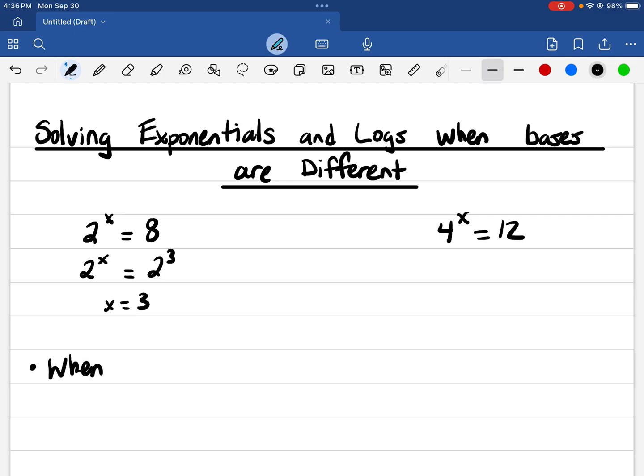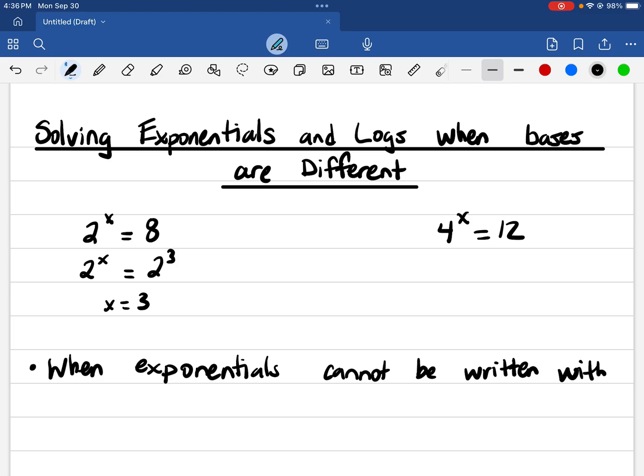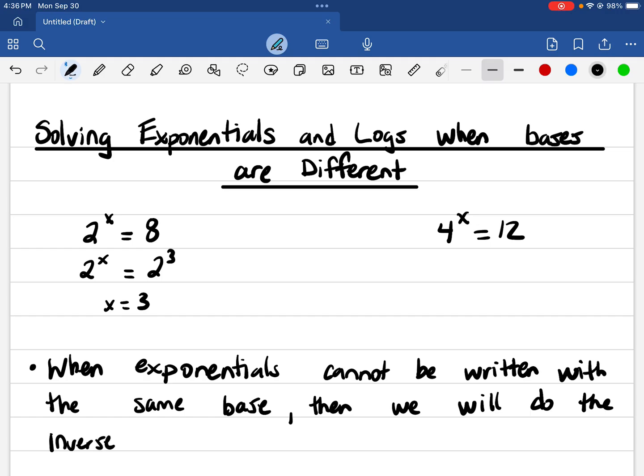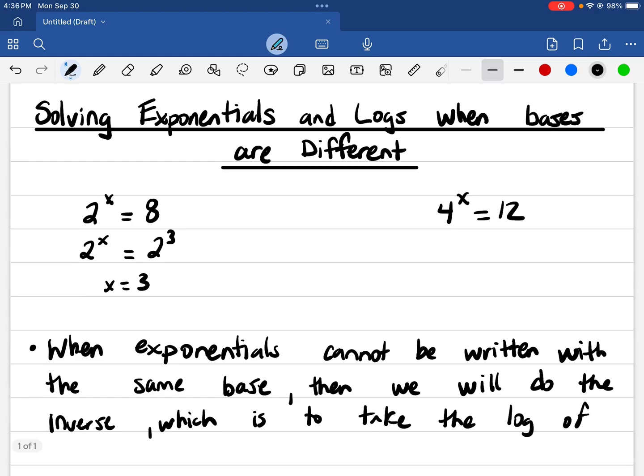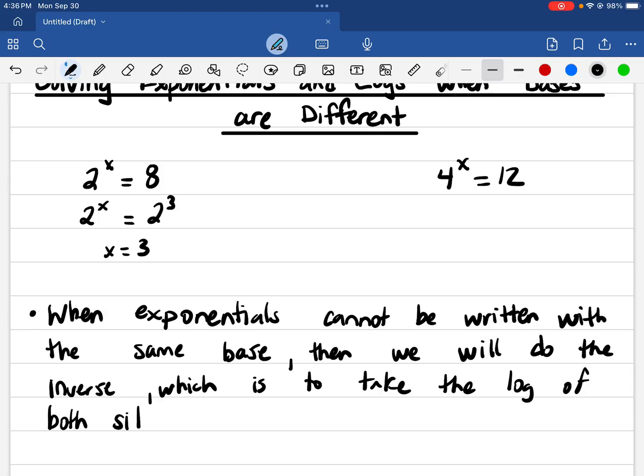So when exponentials cannot be written with the same base, then we will do the inverse, which is to take the log of both sides of the equation.